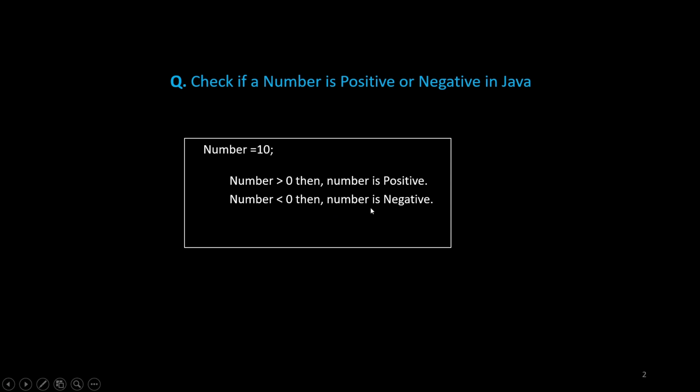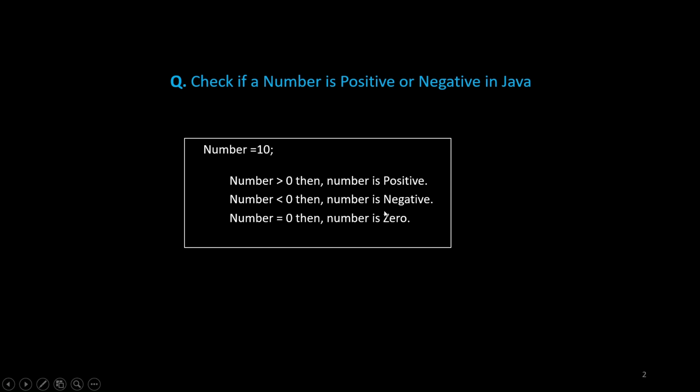Then what will our compiler do? It just prints that the number is negative. The third case is what if our user entered zero. Then when the number is equal to 0, the number is 0.